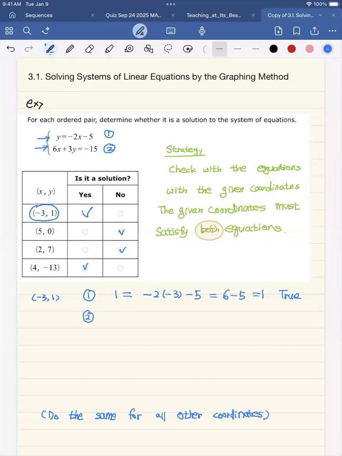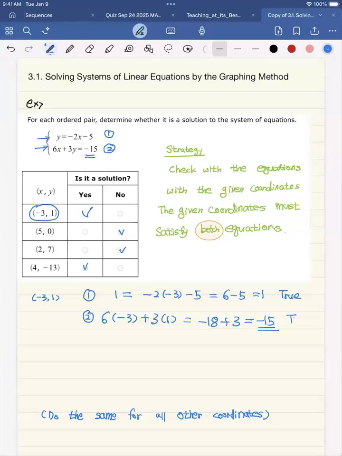Let's apply -3 for x and 1 for y to the second equation. Then we have 6 times -3 plus 3 times 1. That's -18 plus 3 equals -15. So that's the same as the number that appears on the right side.